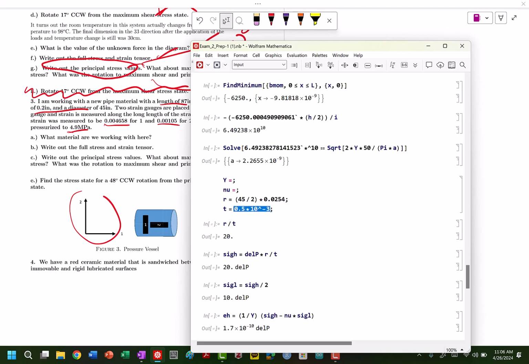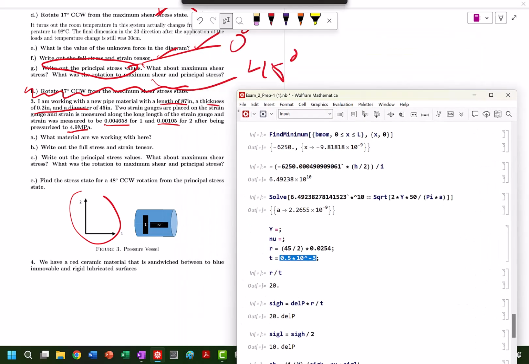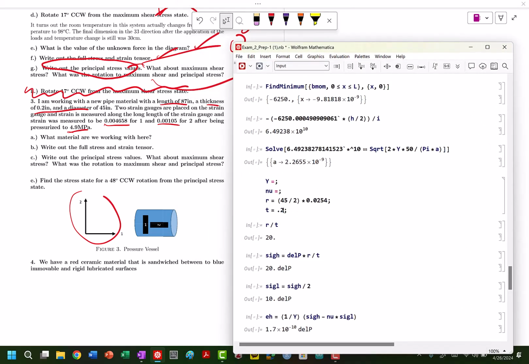The thickness is going to be, I believe that's a 0.2 inch thickness, yes. So 0.2 times 0.0254. That's a good conversion factor to have on hand, to make sure that you can move between those two. So always be aware of those things.